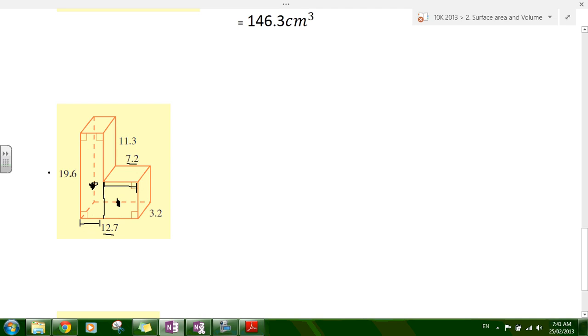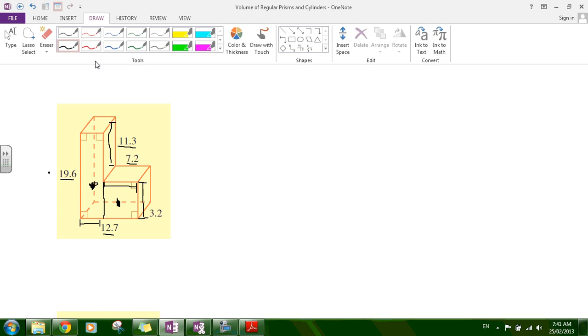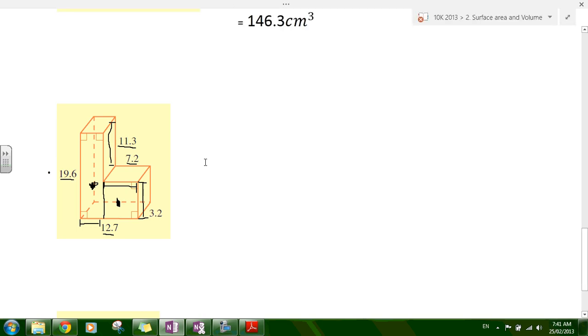And similarly, I need to find the height of this section. The height here is the difference between 19.6 and 11.3, because 11.3 goes from here all the way up to the top, and so what's left must be 19.6 minus 11.3. So we're going to go ahead and find these measurements.